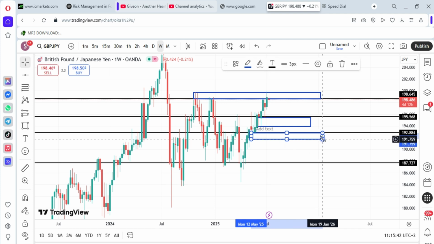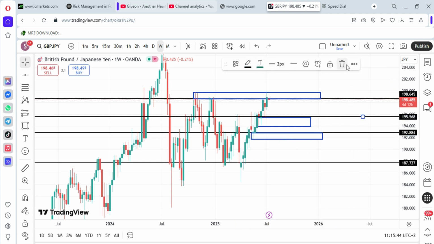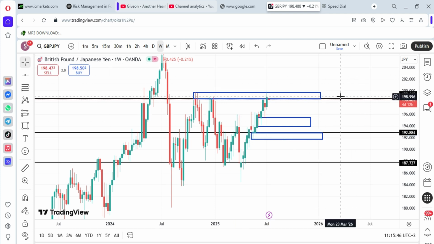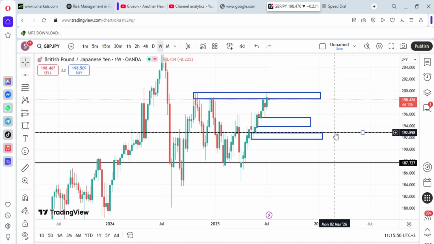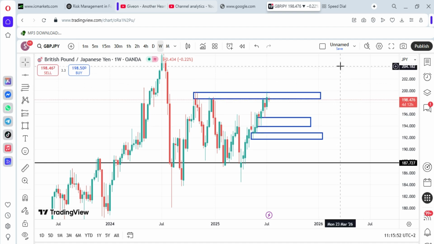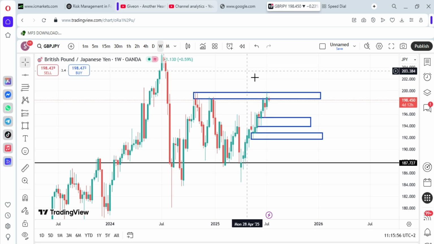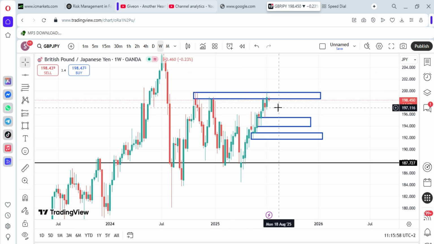These zones I'm marking right now. And delete our horizontal support or resistance line. As you can see from here, the market is looking like it wants to take some bearish momentum.